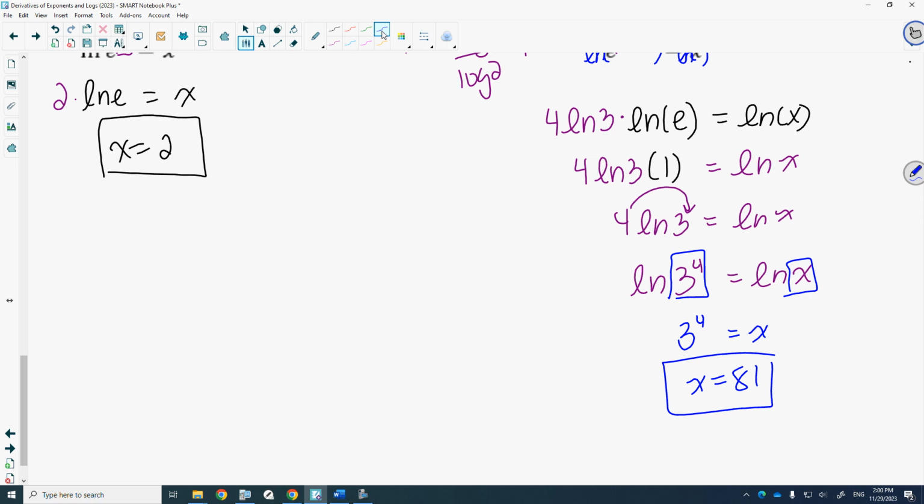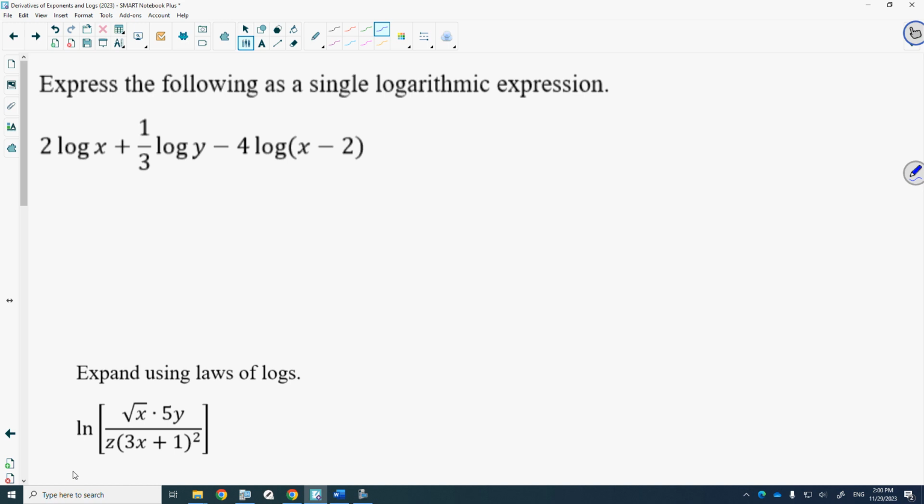Let's look at something else from 30-1, and then we'll change that to natural logs, and then we'll do a couple graphs. Express the following as a single logarithmic expression. There was the product law and quotient law, so I'll just quickly show you.